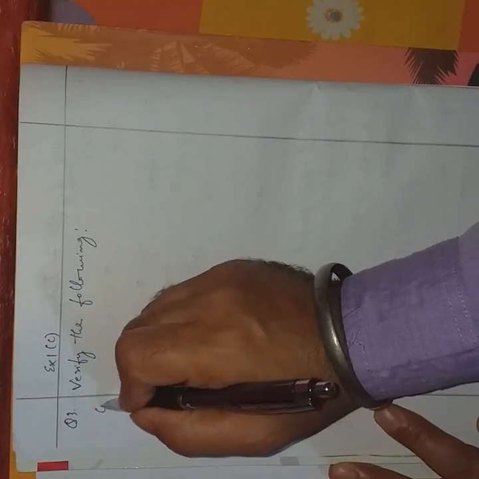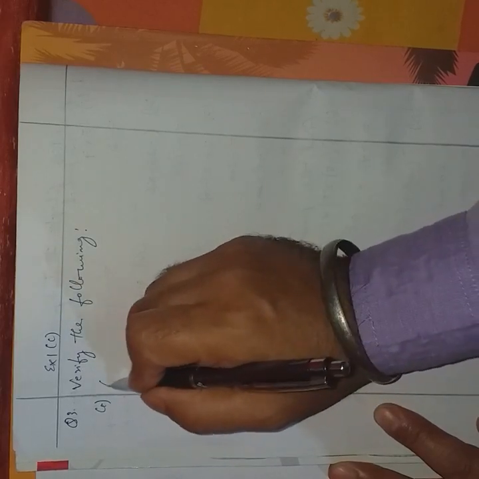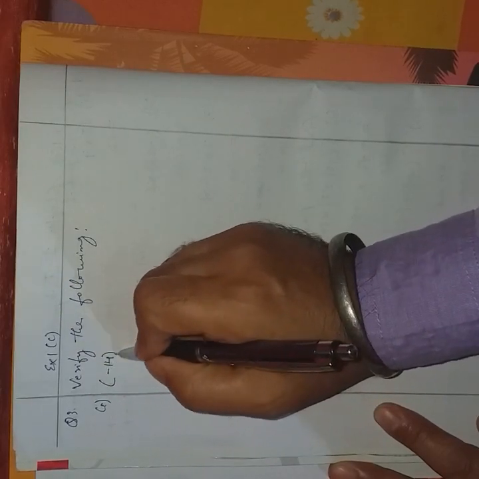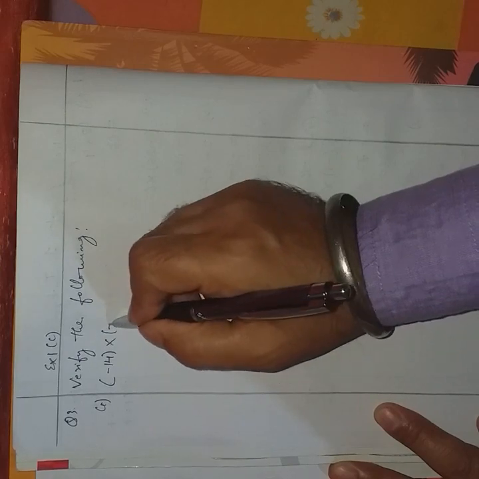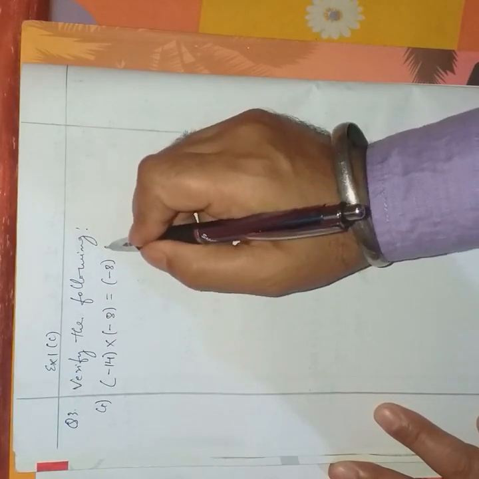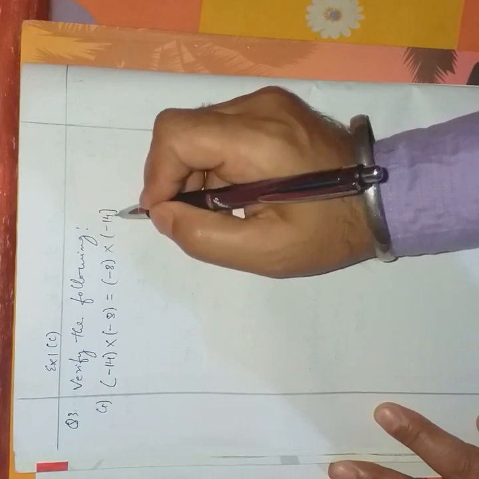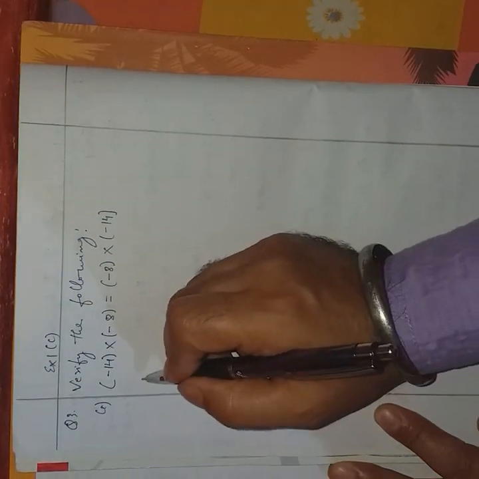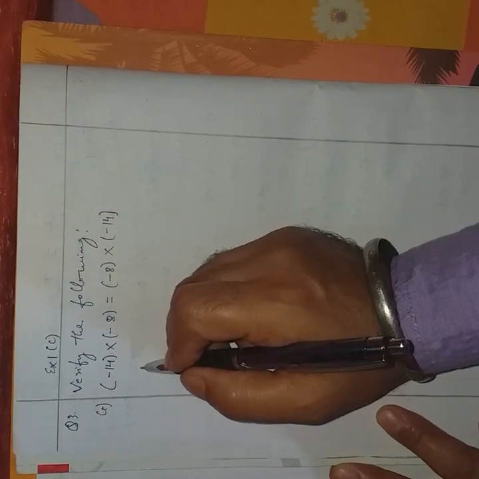See here, question number 1 looks like this: minus 14 into minus 8 is equal to minus 8 into minus 14. So here, for the left hand side and right hand side, we have to show that they are equal.